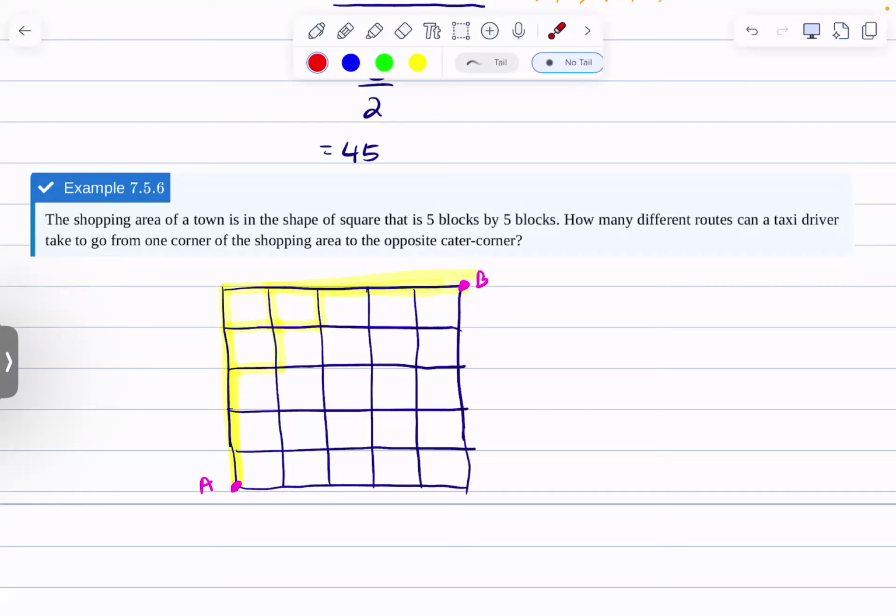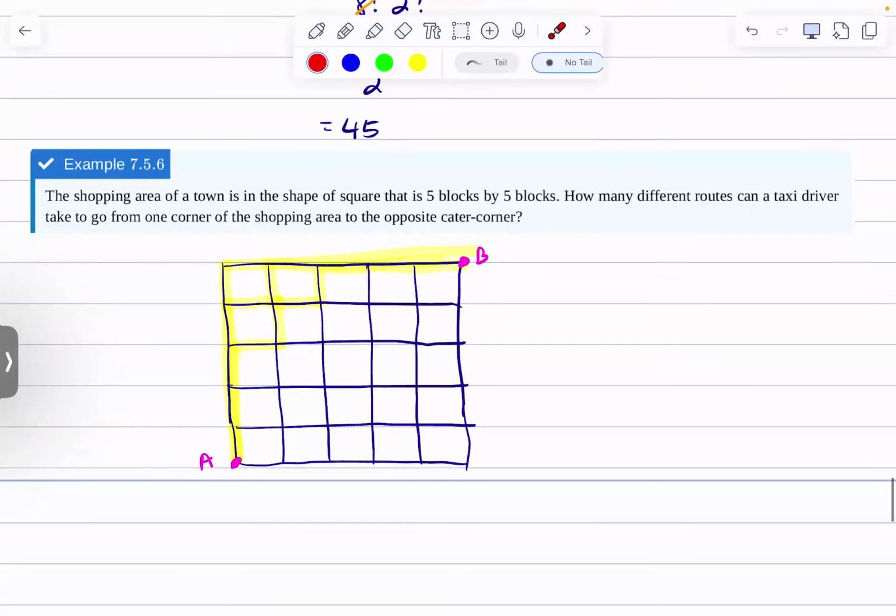So I have to travel a total of 10 blocks. Same thing with the next one: I go up 4 and then over 1, so that's 5, and then up 1, so that's 6. And then I have to travel another 4. So that's a total of 10 blocks still. Let's see here. I am cheating.